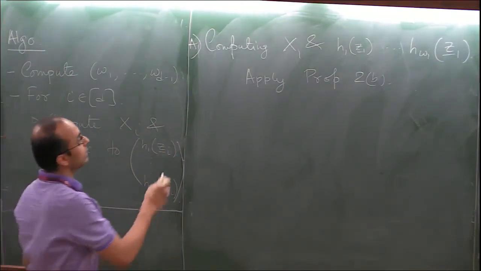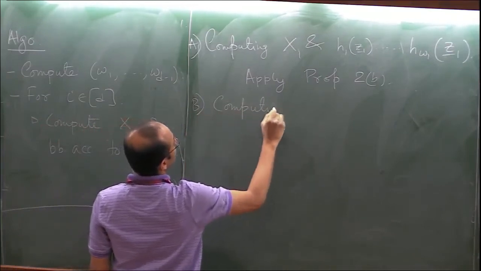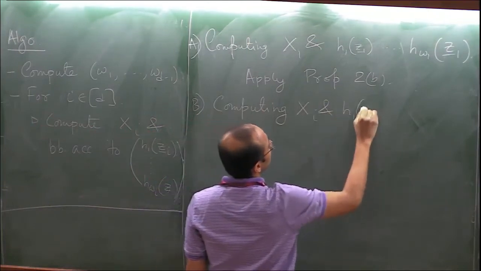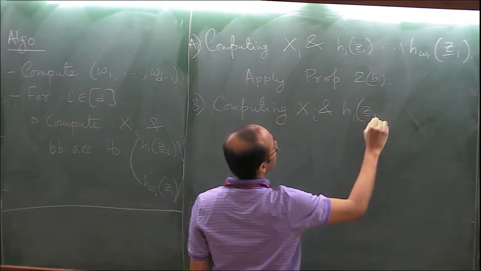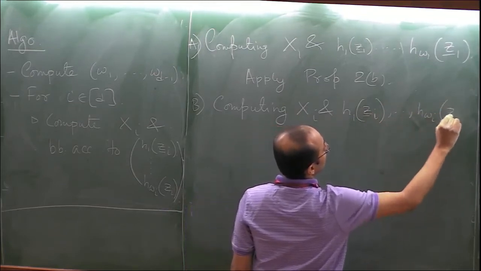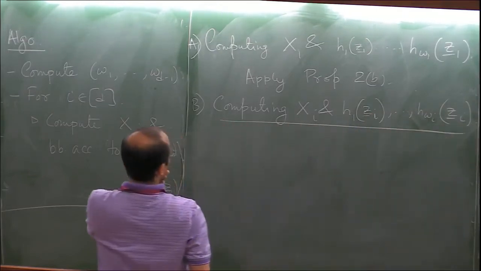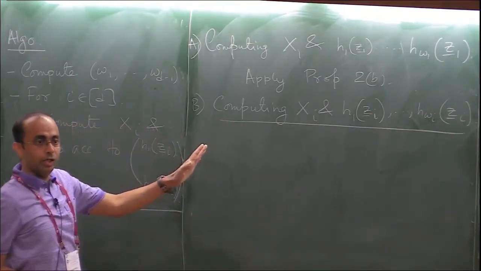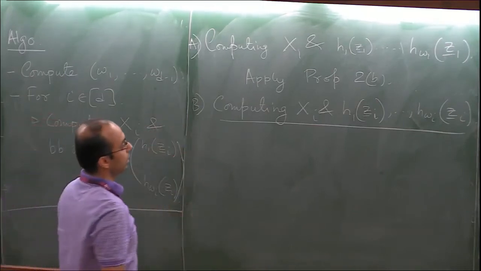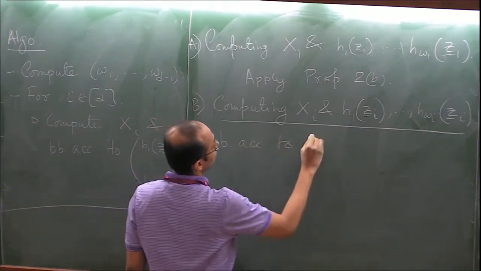Fine. So now let's see in general how to compute an intermediate matrix x_i and the corresponding black box access to the frontier. At this point you already have black box access to the previous frontier.